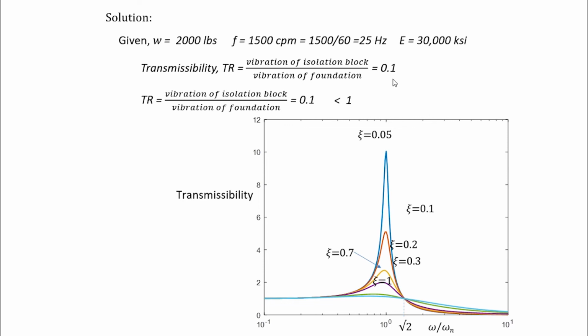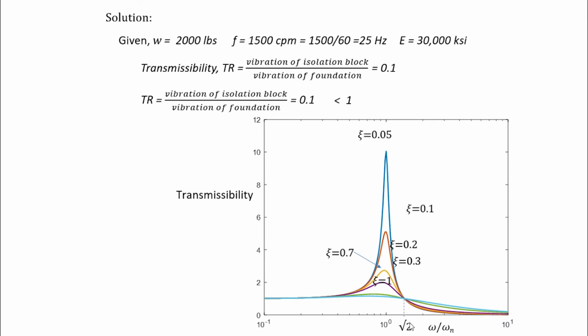So in that case, we cannot achieve this value of 0.1. The vibration of the isolation block and the foundation will be the same, irrespective of the damping provided, because for the whole range the transmissibility value is 1 if the frequency ratio is much less than 1.